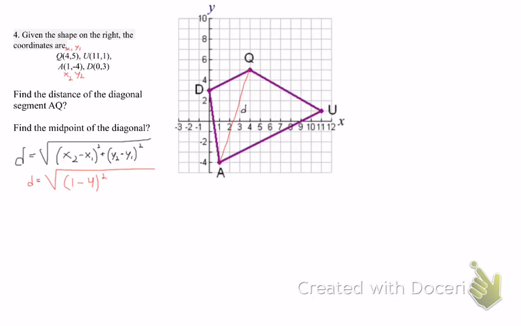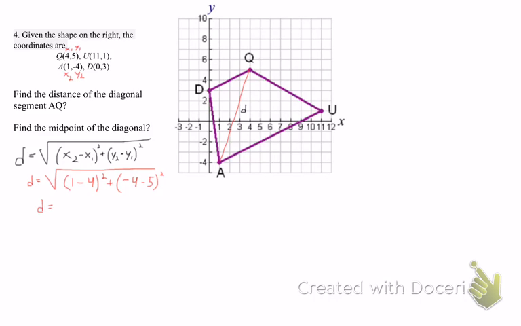We square that, and we add it to the y's. So what is our y? Our y2 is from point A, which is negative 4. And our y1 is from point Q, which is 5. So we'll put 5 right here, and we'll square that. Whatever's in the parentheses, we do first.